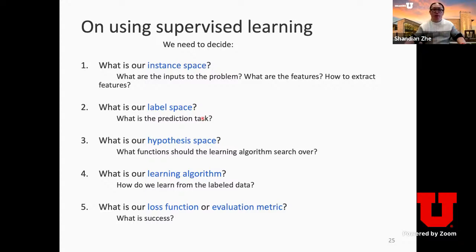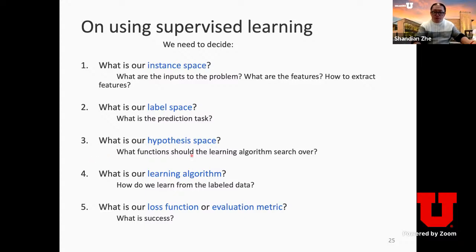Whenever you want to conduct supervised learning, you need to figure out the following questions. First, what is your instance space? Second, what's your label space? Third, what is your hypothesis space, meaning what set of functions do you believe can contain the target function or a good approximation of it?